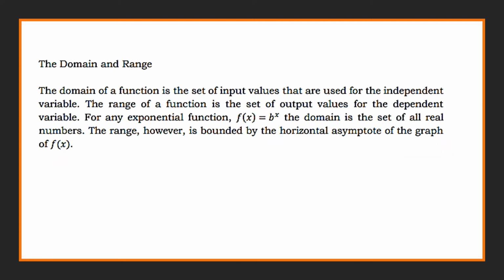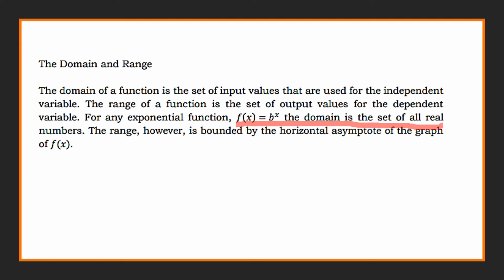So, the domain and range of exponential function is the set of input values, the domain, that is used for the independent variable. The range of the function is the set of output values for the dependent variable. For any exponential function, f of x equals b raised to x, the domain, okay, ito yon.